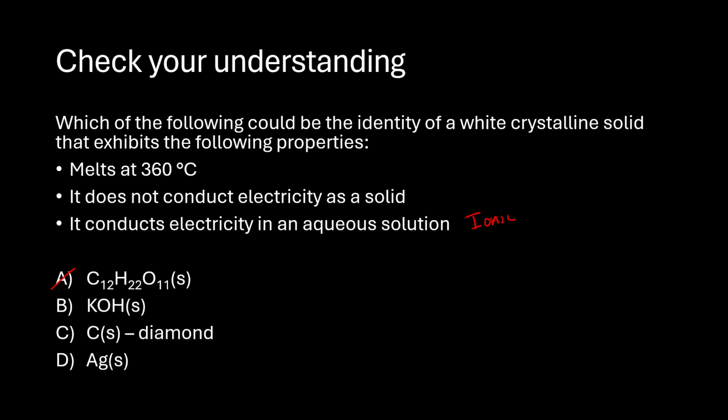C is a diamond, a carbon, that's a covalent network. Ag is silver, that is going to be gold. Nope, I was right, that's silver. That's going to be a metal anyways, regardless of what it is, so that's going to be metallic. So I can cancel out C and D, and we're going to go with answer B. It's the only ionic solid that we have for our answer choices.